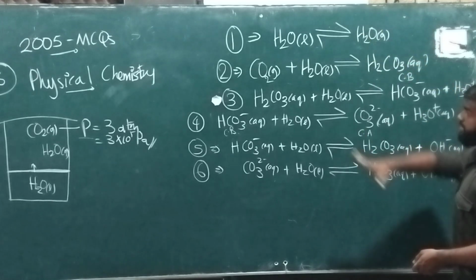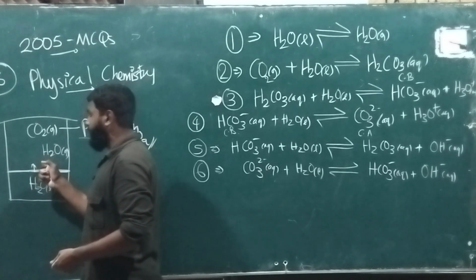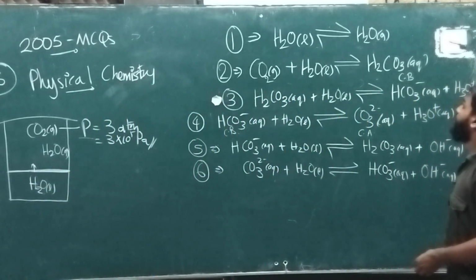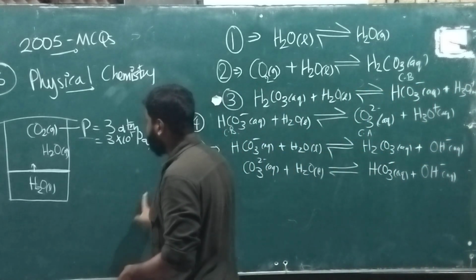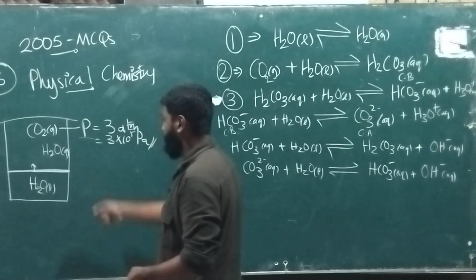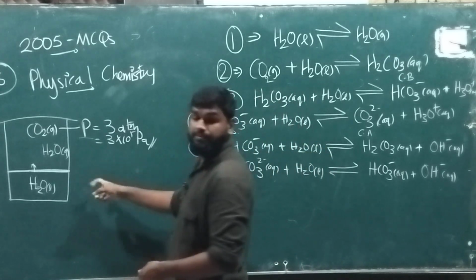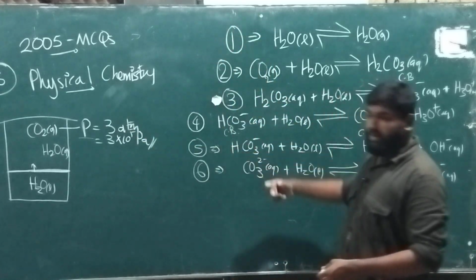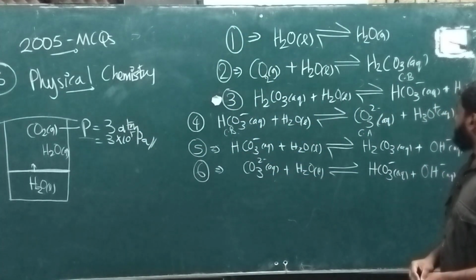So this whole process can be seen during our daily life, in fizzy drinks, right? For example, in soda water or in cool drinks like 7 Up, Pepsi and all, in all these cases, all these equilibria will be there, right? Keep in mind, there's another extra point that I have to say.